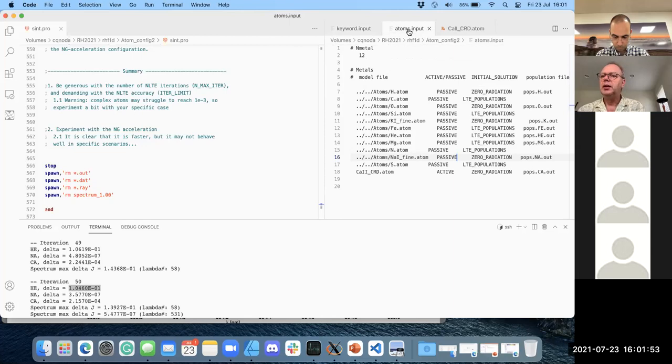For the example that was just done, the helium atom was left at LTE populations. Could that be part of why it worked? Well, for helium, I don't know exactly. Helium works better with the LTE populations as the starting solution. So even though we didn't change it, that happens to be happily the best solution.